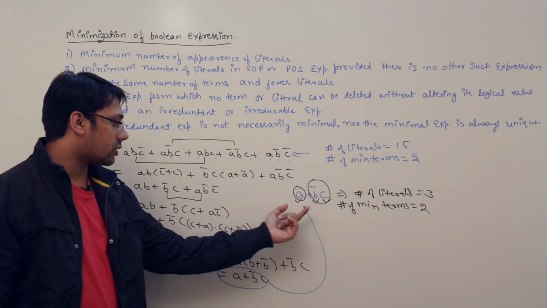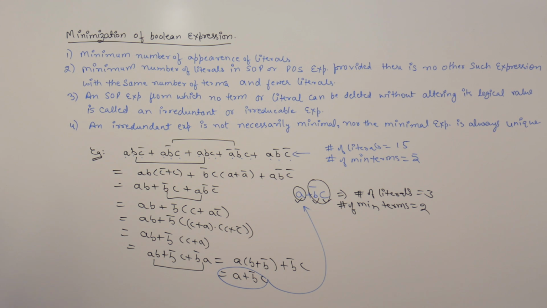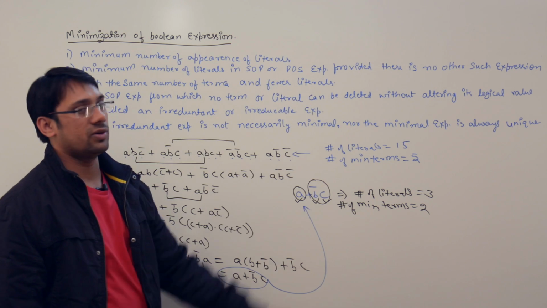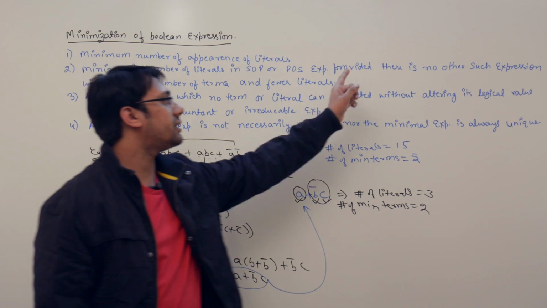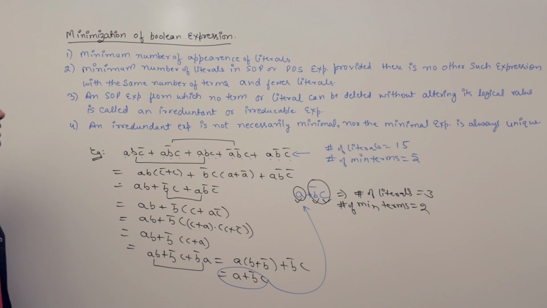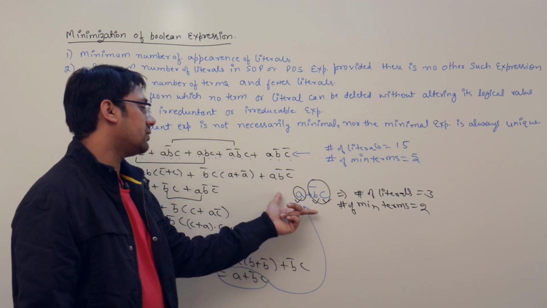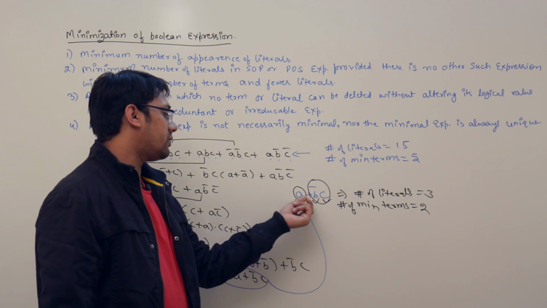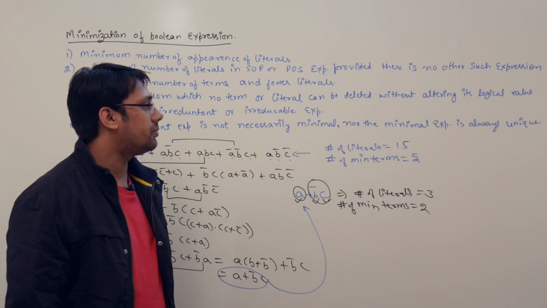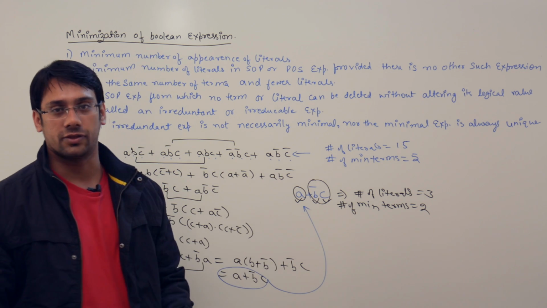So the cost criteria can be, we want to minimize the number of appearance of literals, and then we want to have minimum number of literals in SOP or POS expression, provided that there is no other such expression with the same number of terms and fewer literals. For example, in this case, we don't have any other such expression which is having same number of literals, that means 3 literals, and same number of min terms, right? So this can be minimized to this, and this is a unique expression, right?